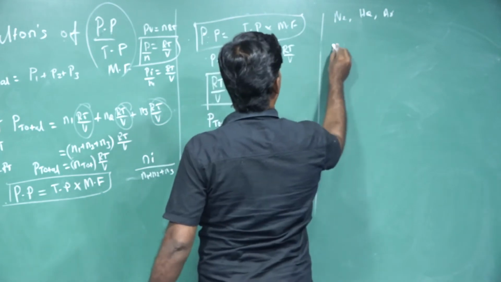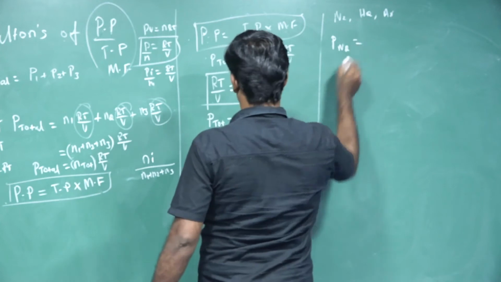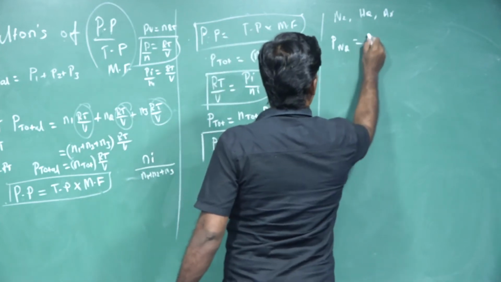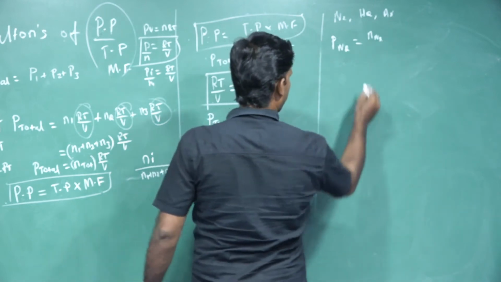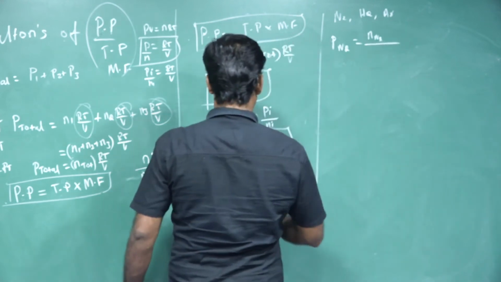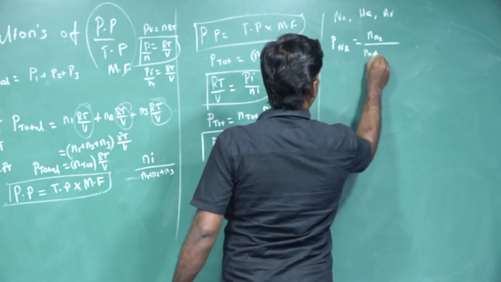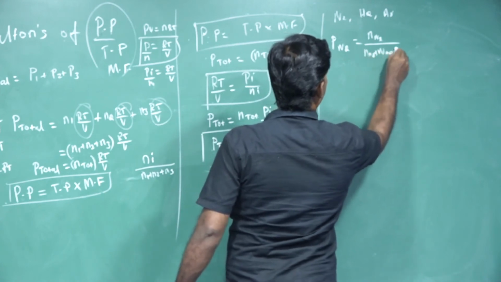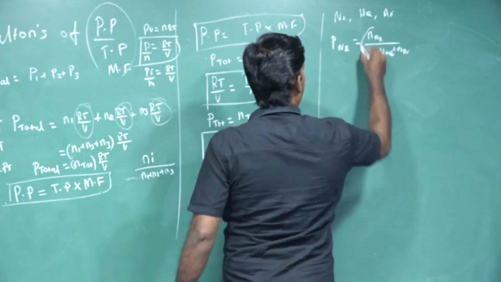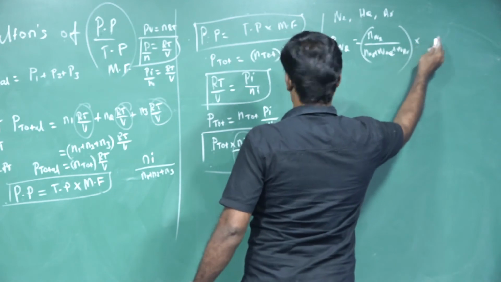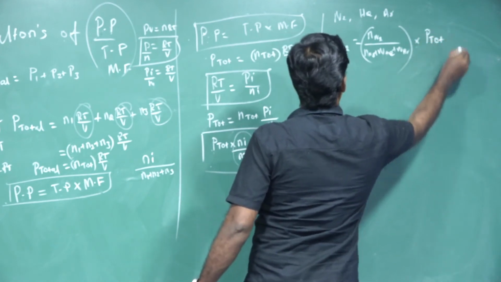Assume that the partial pressure of nitrogen is equal to the number of moles of nitrogen divided by the total number of moles, meaning number of moles of nitrogen plus number of moles of helium plus number of moles of argon, into P total pressure.